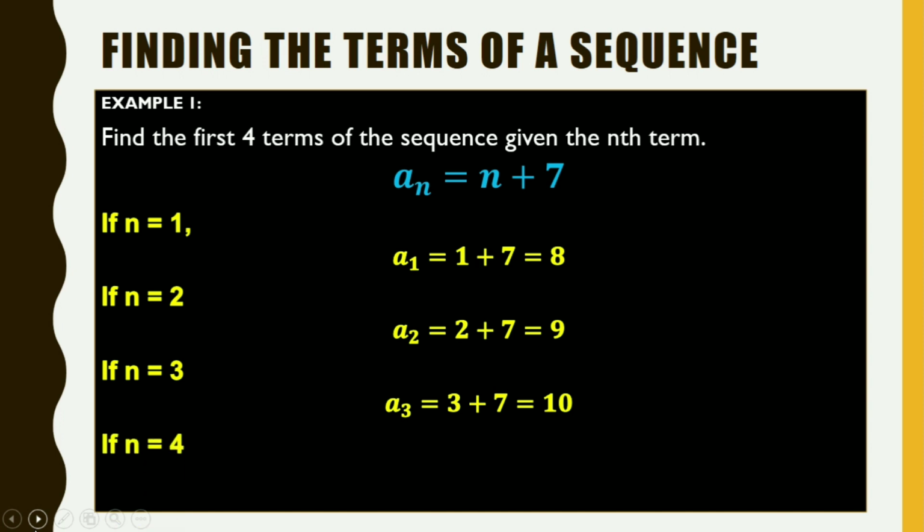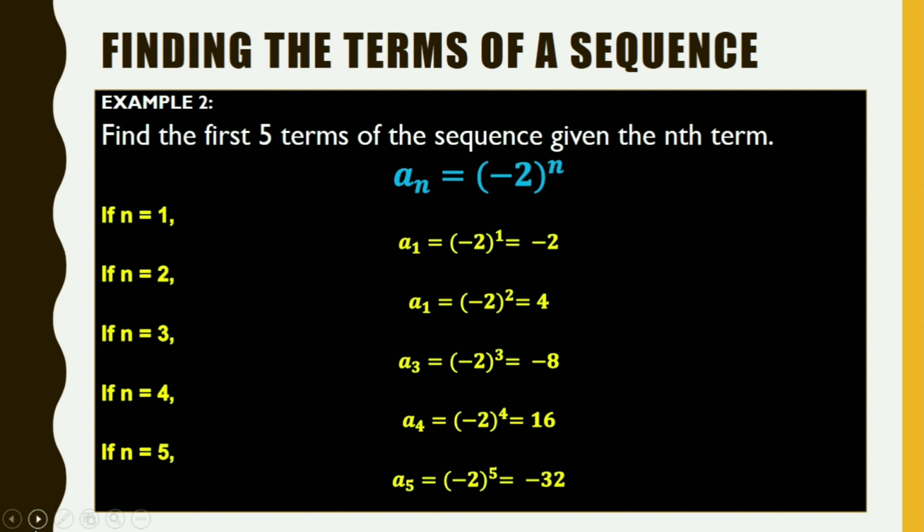And if n is equal to 4, we have a sub 4 is equal to 4 plus 7 is equal to 11. Therefore, the first four terms of the sequence given the nth term a sub n is equal to n plus 7 are 8, 9, 10, and 11.